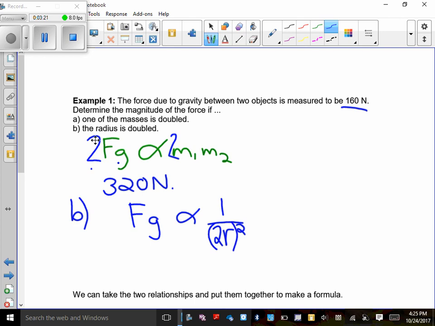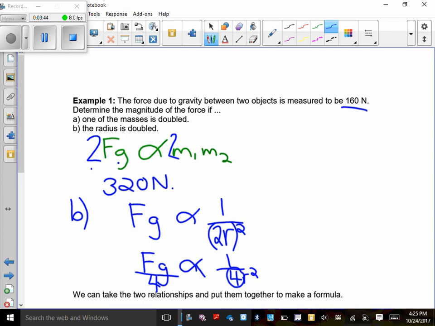Well, what happens when you have 2r and you square it? FG is going to be proportional to 1 over 4r squared. So remember, we started with 1 over r squared. So we've really taken 1/4. We've actually divided it by 4.